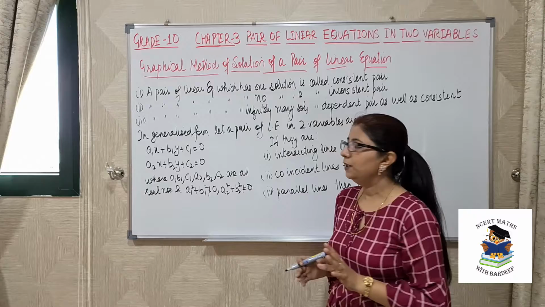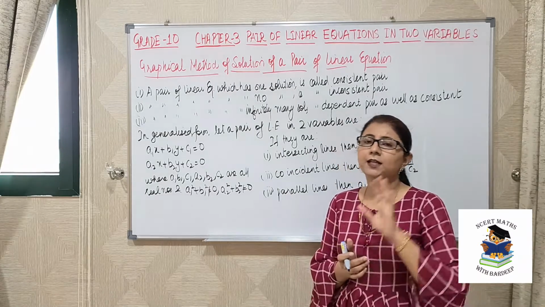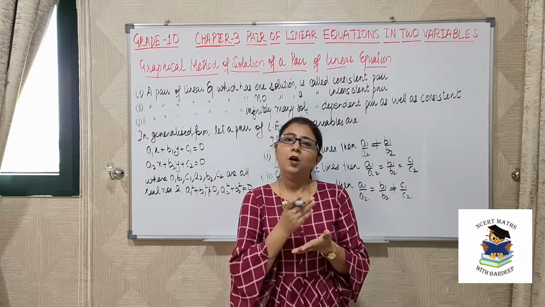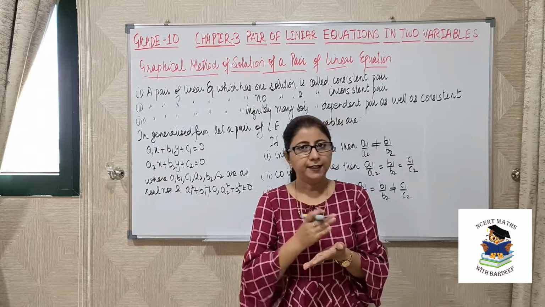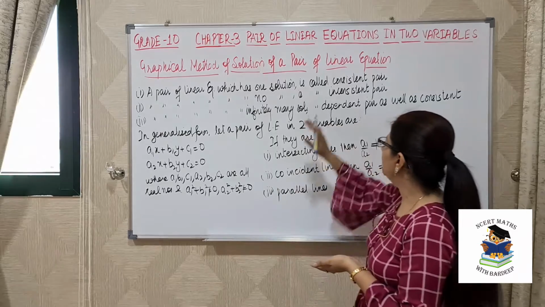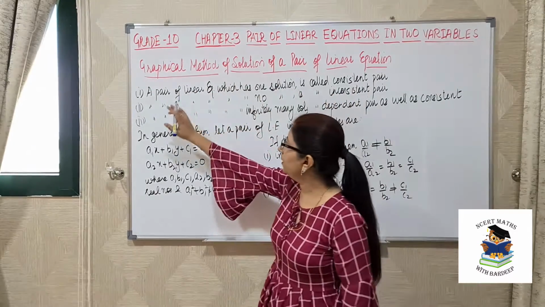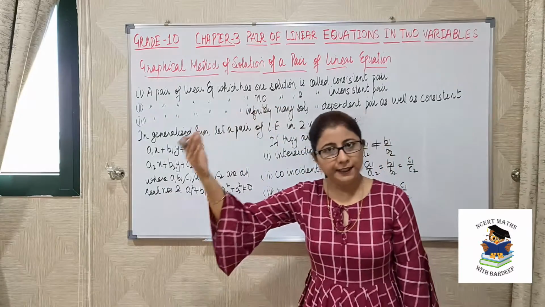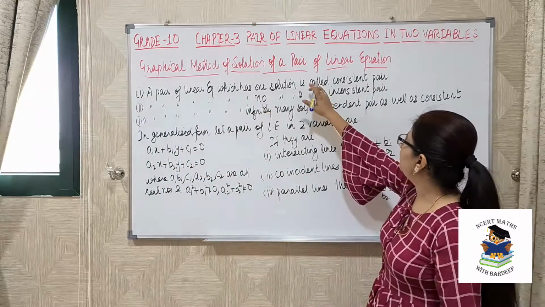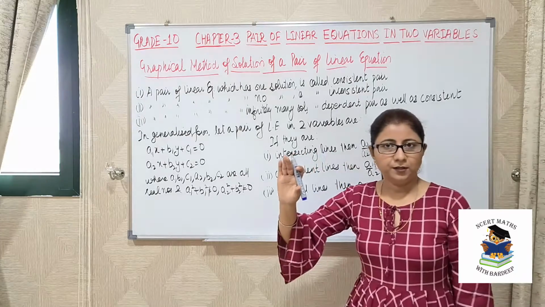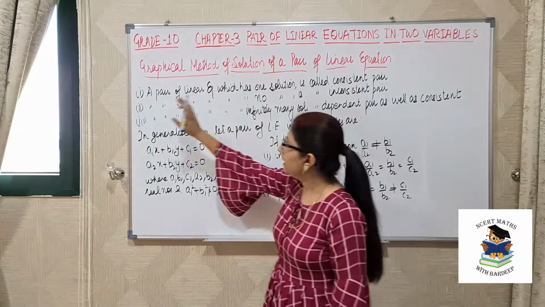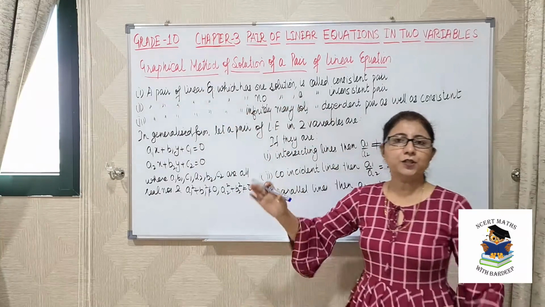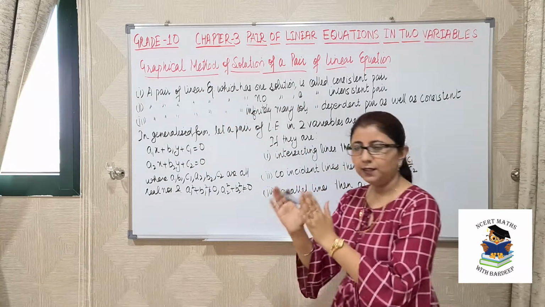So what is the terminology related to these things? If we have any solution, whether we have only one solution or infinite solutions, that category is referred to as a consistent pair. A pair of linear equations which has one solution, that means the lines are intersecting, is called a consistent pair of linear equations. The second possibility is that the pair of linear equations has no solution and the graph is a set of parallel lines.